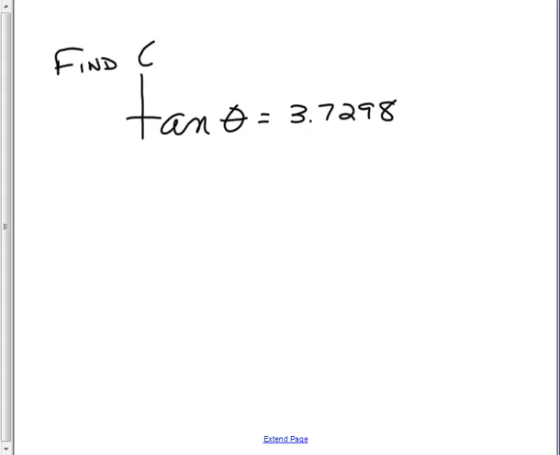Let's do tangent theta is equal to 3.7298. Find theta. Okay, so this is where we're looking for theta. What's theta? Just the angle.